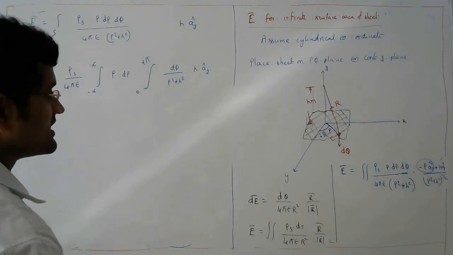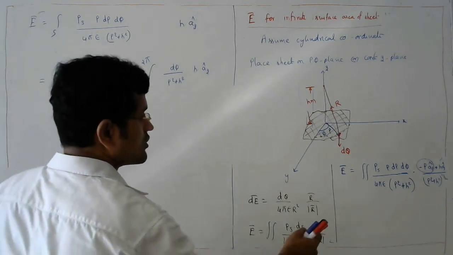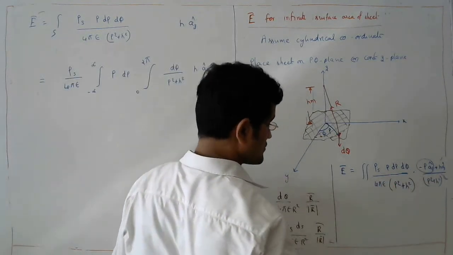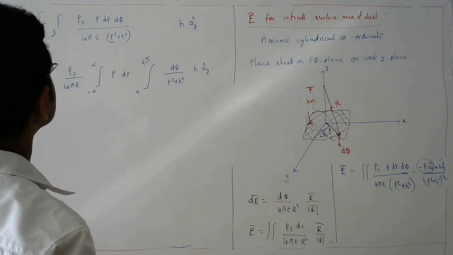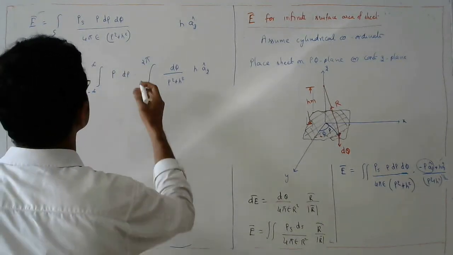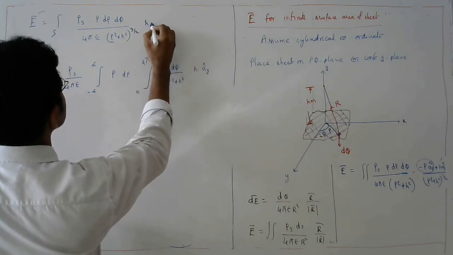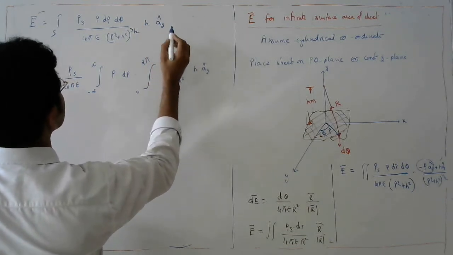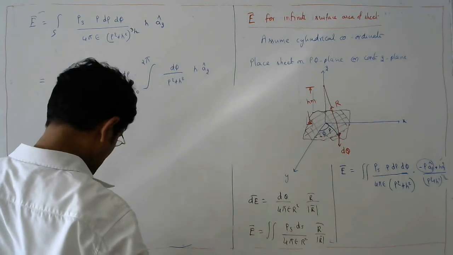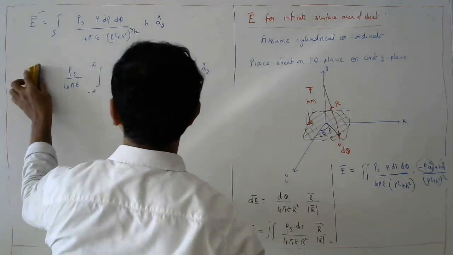Small mistake there: rho square plus h square into rho square plus h square whole to the power of 1 by 2, which is equal to rho square plus h square whole to the power of 3 by 2. This term is already here, h into az cap. If I simplify this, I can write it separately.